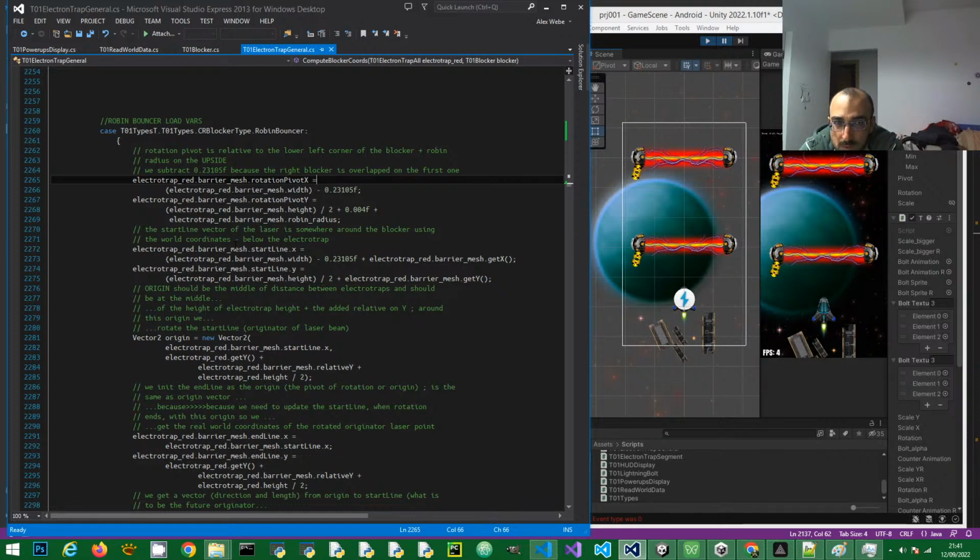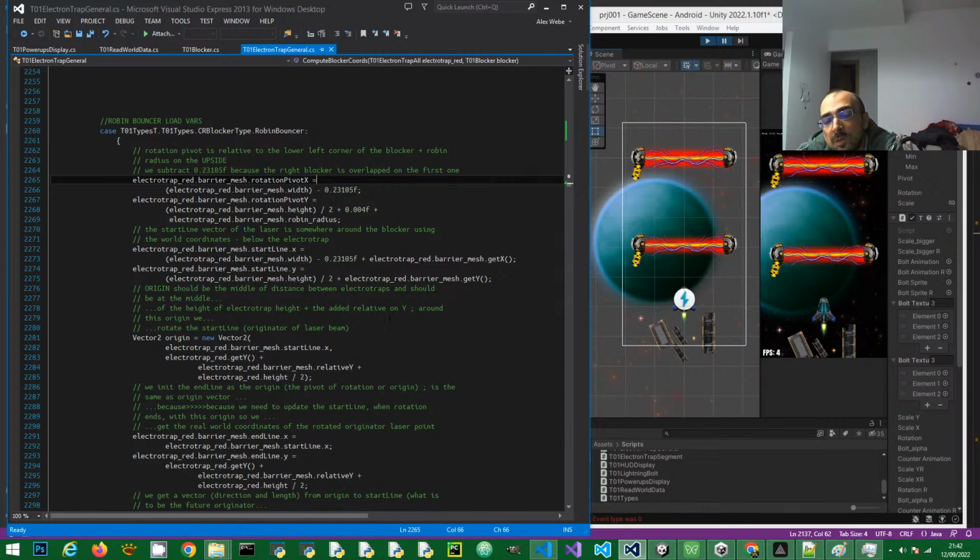So this is the rotation point around which the blockers used to rotate around their own axis. The origin should be the middle of the distance between the electrodes.